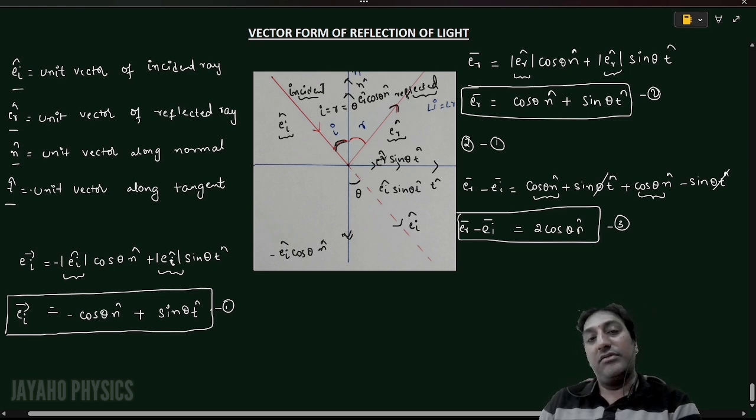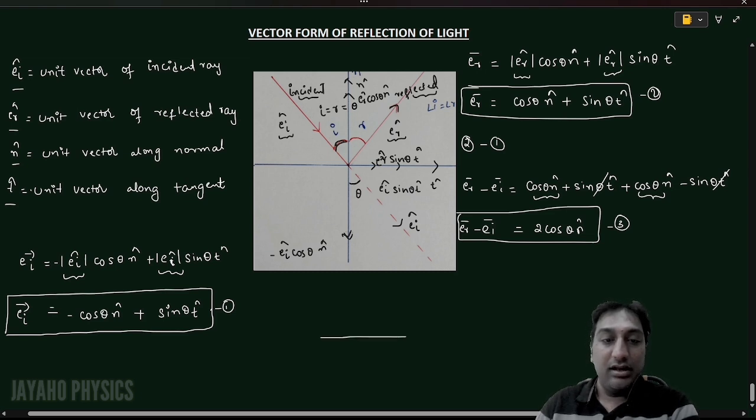You got this as equation 3 here. If you look at this particular diagram, what is the angle between E_i bar and the normal? Here the incident ray is lying in this direction, E_i, and this angle is theta.